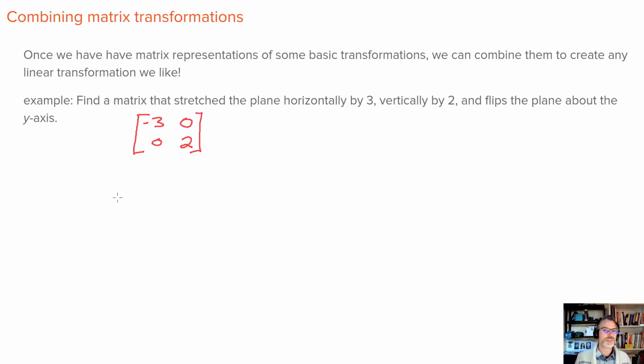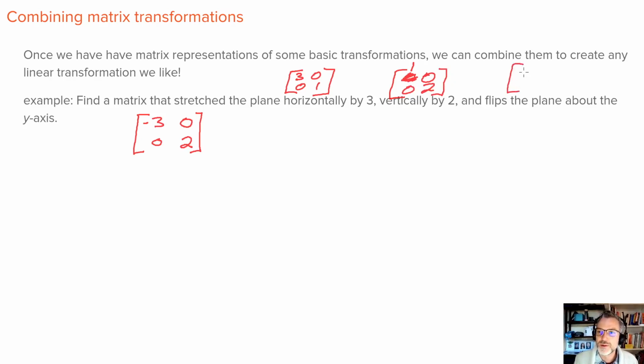Another way we could do this is multiply these corresponding matrices together. So a horizontal stretch we saw already is 3, 0, 0, 1. A vertical stretch is 1, 0, 0, 2.